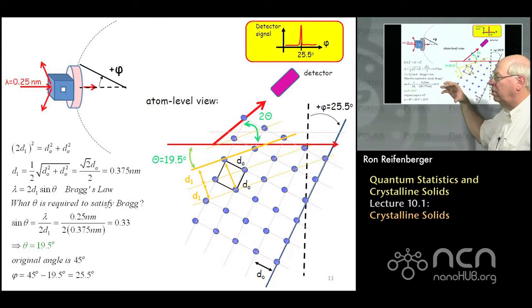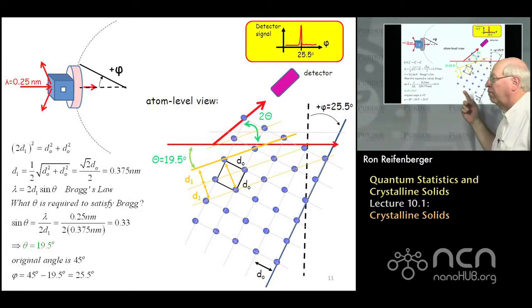So you can do simple checks like this. If, for instance, you measure the amount of X-rays in a detector as a function of this rotation angle, what you would expect to see is a sharp rise in the diffracted X-ray beam when this rotating angle equals 25.5 degrees.